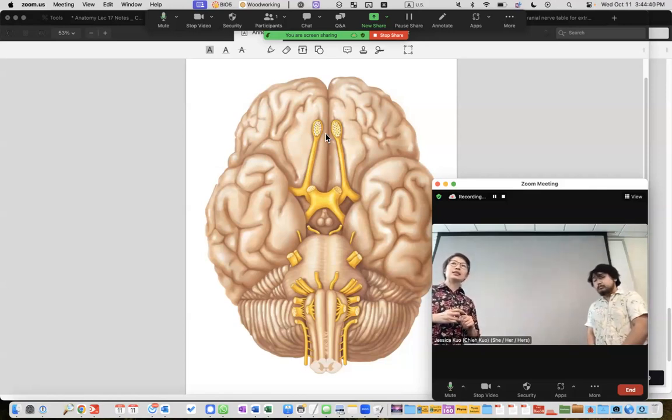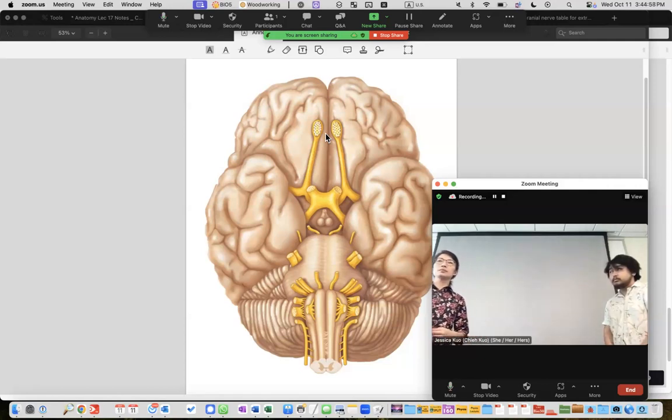Number 10 is vagus nerve, which is responsible for the motor portion of the gag reflex, but also carries sensory and motor information to and from your visceral and abdominal organs. Okay, and so we're not going to test for those.